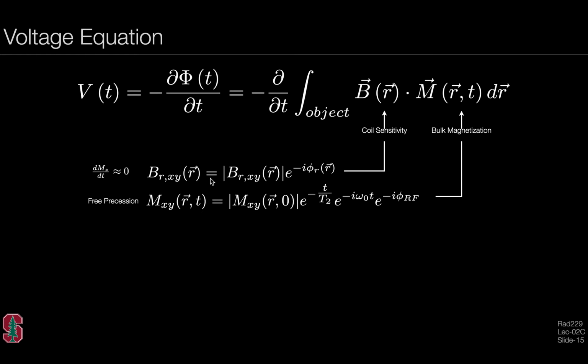And so here we see that the B receiver field really just depends on the transverse magnetization, and it has a magnitude and overall sensitivity, and it may in fact add some phase to the signal itself. So we have the phase of the transverse magnetization, but when it's received by the system it may add an additional phase, which we call the receiver phase.